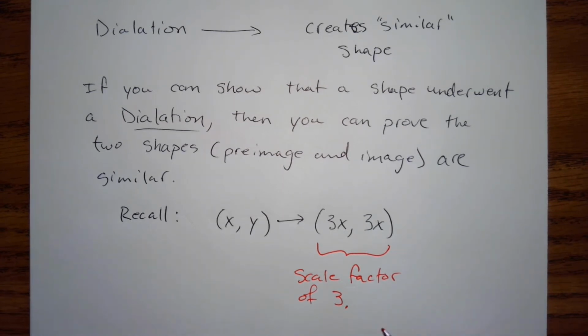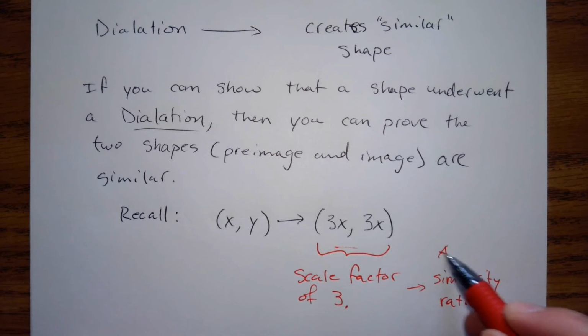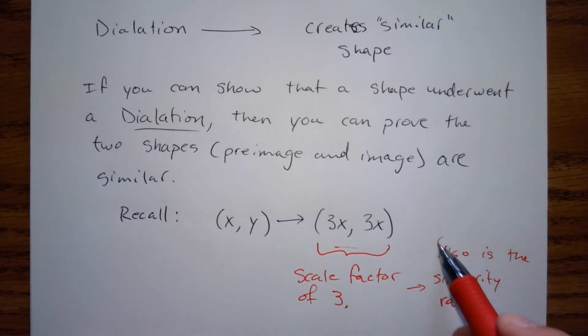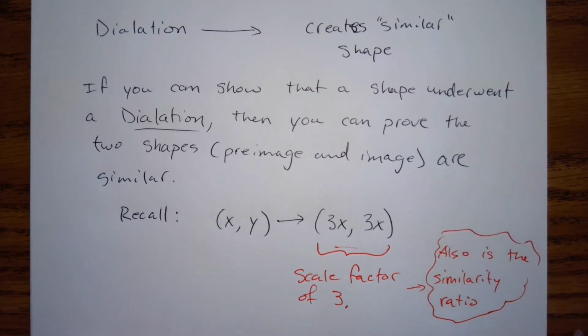So if you have a side that's 5 units long and you use this dilation, that side would then become 15 units long because you're multiplying by 3. The scale factor is actually also the similarity ratio. The scale factor and the similarity ratio would be the same thing.